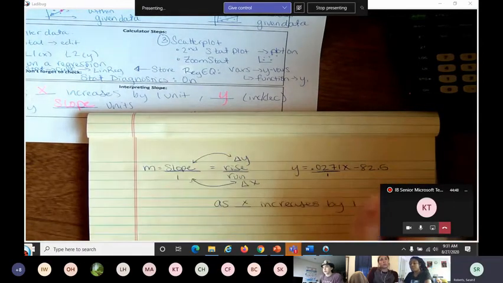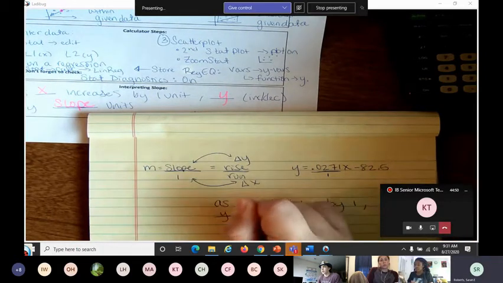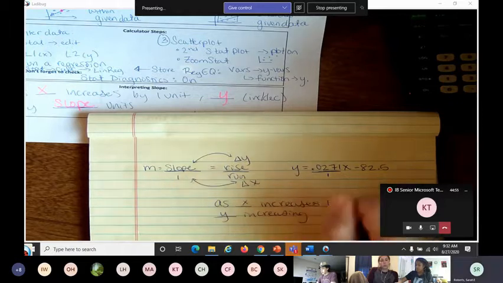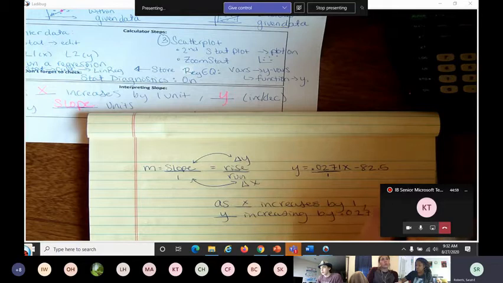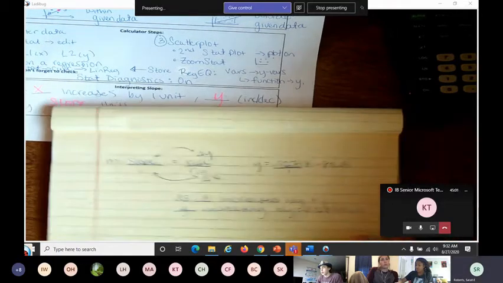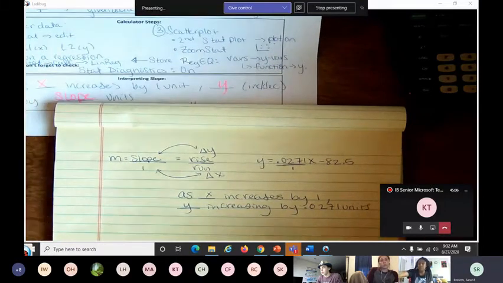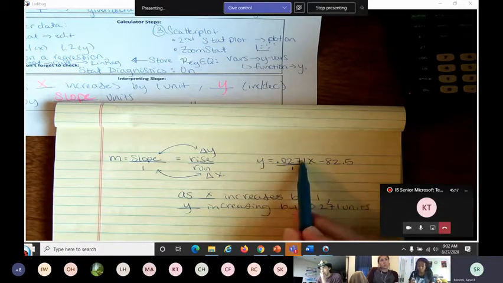The y is increasing by 0.0271 units. So it may actually be that if you were to calculate slope on your own, the x and y would both have non-1 values. But because we're trying to simplify it, we're saying that whatever this is in the numerator is our change in y as our x value changes by 1 unit.